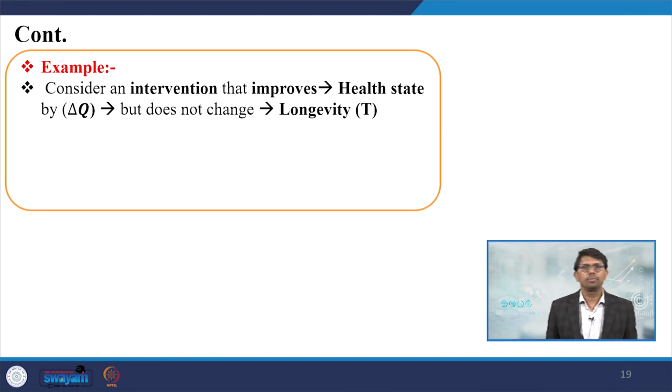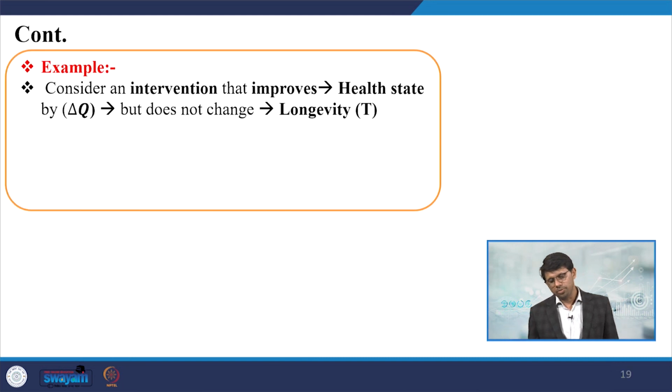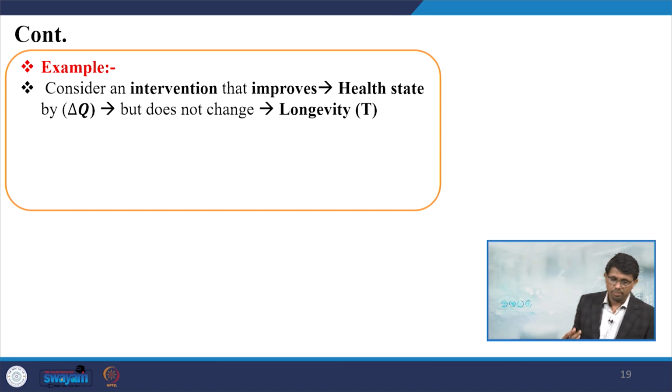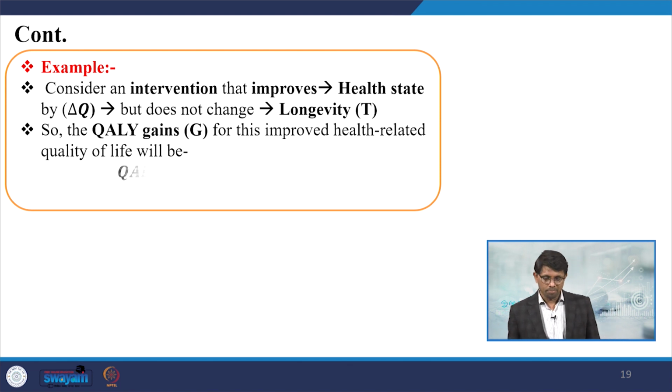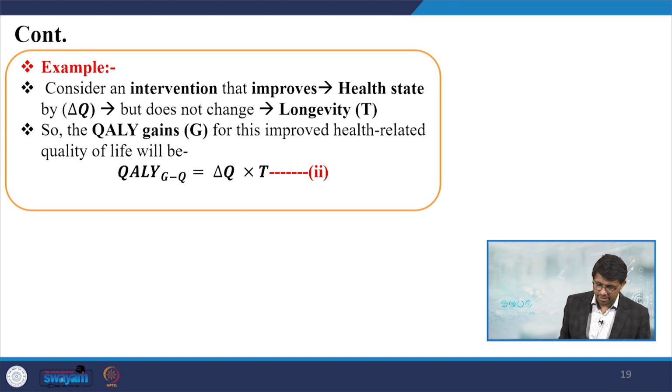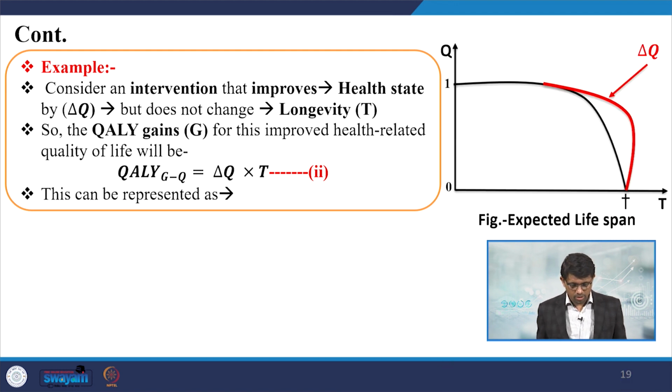Let us consider an intervention that improves the health state I have just presented in the diagram. Is it possible to improve it? Yes, of course, if you have some intervention, either through quality of life, that is Q, or through longevity, that is T. If you are changing Q, that is delta Q, precisely G minus Q, this is presented as a change or improvement in the QALY.